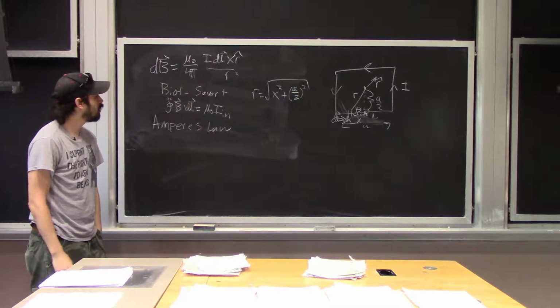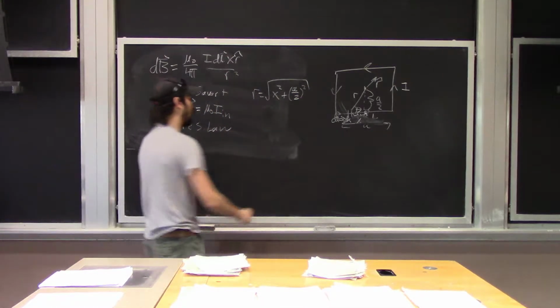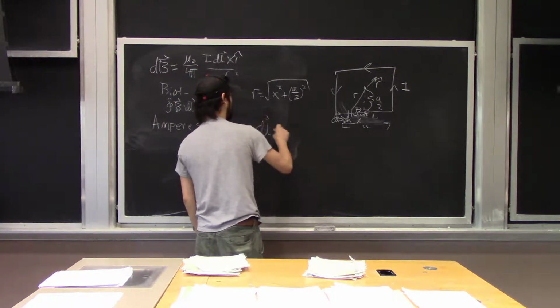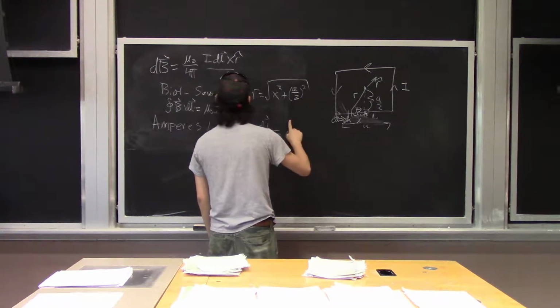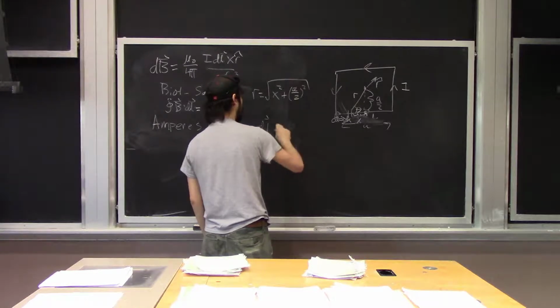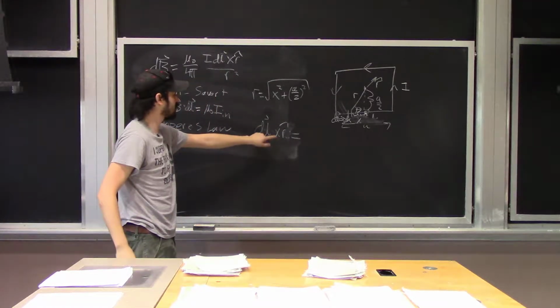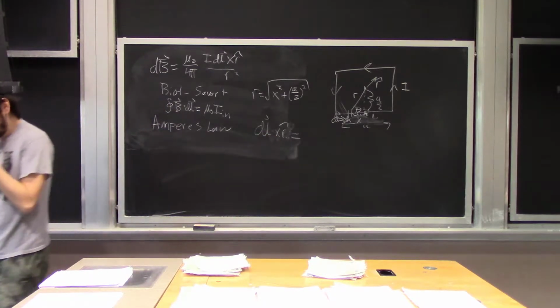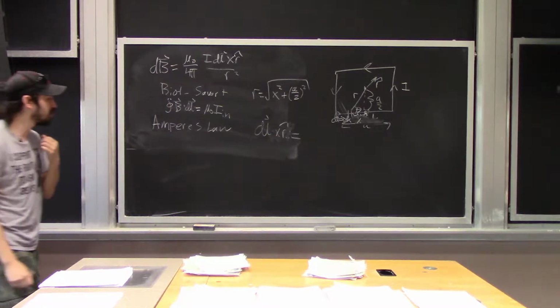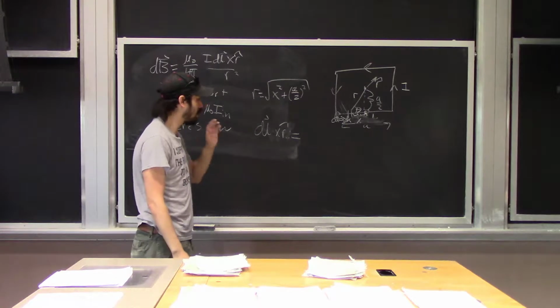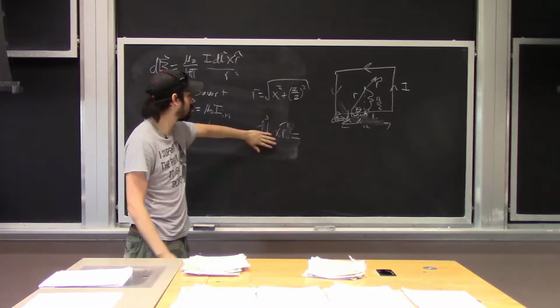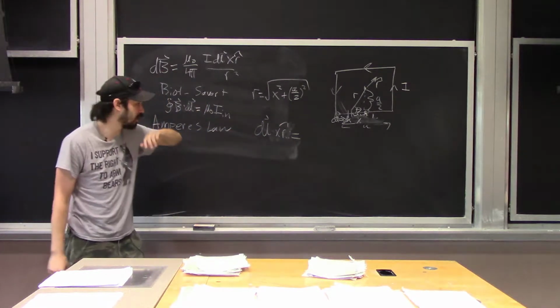Now the next thing we need to do is evaluate this cross product. dl cross r hat is going to be equal to the product of the magnitudes of these vectors times the sine of the angle between them times the unit normal vector that's mutually perpendicular to them according to the right-hand rule.